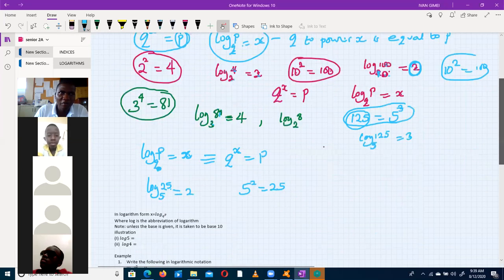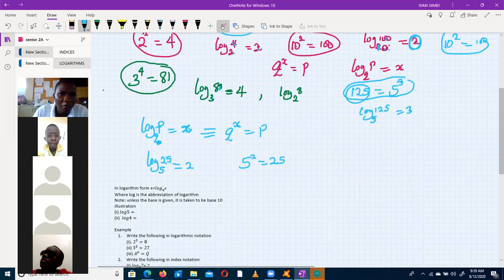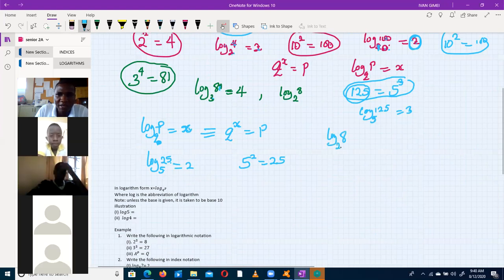If I get your question, to get the log, you prime factorize the number whose logarithm you're looking for. For instance, if they say find log of 8 to base 2, they're simply asking you to which power, to which index, to which exponent should we write 2, so that it is equivalent to 8.